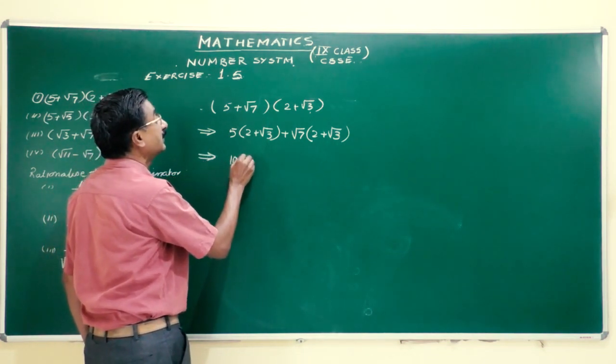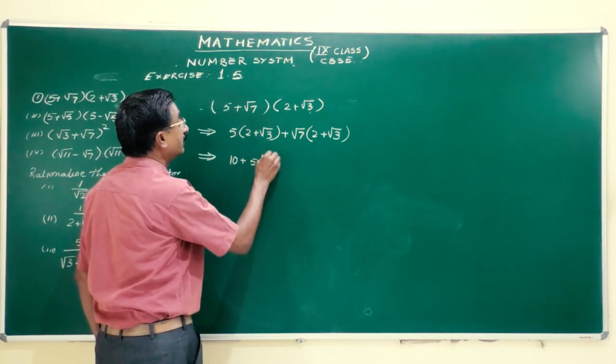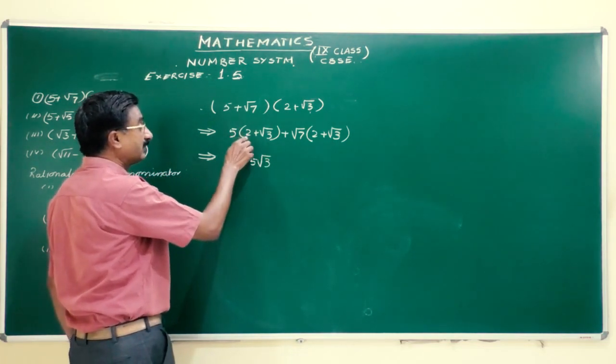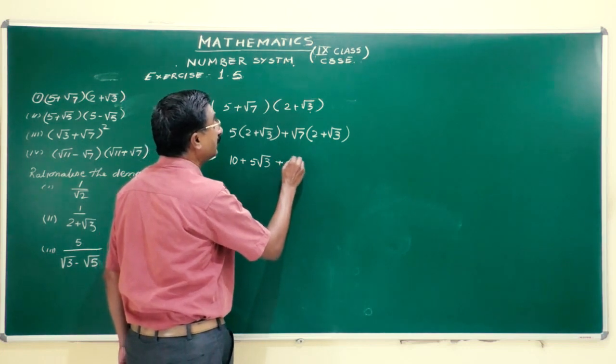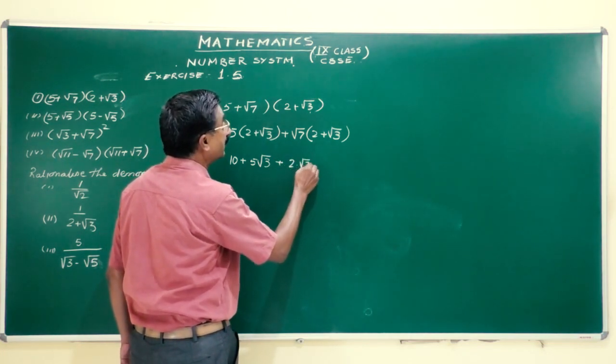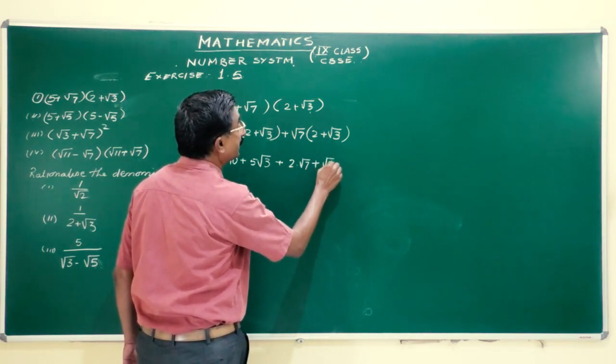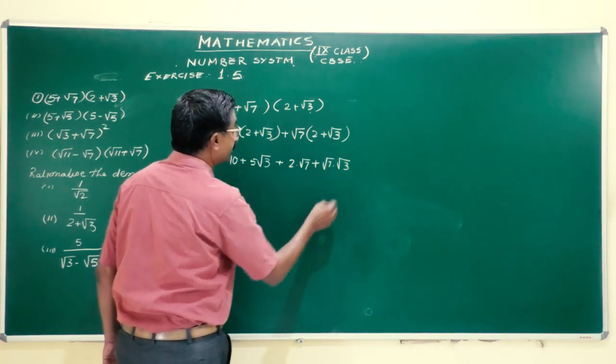So this is 10 plus 5 root 3, as 5 is multiplied in the bracket. Here again, 2 into root 7 plus root 7 into root 3.